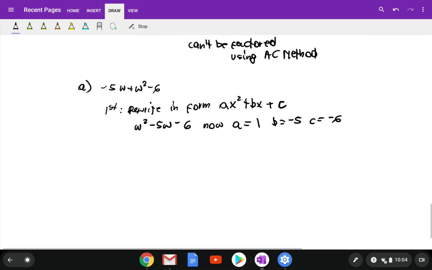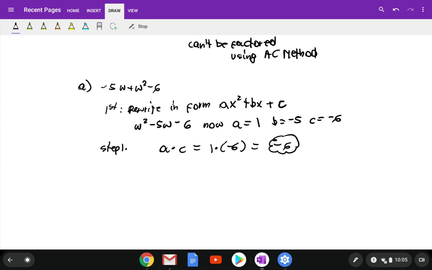I follow the same method. Step 1 of factoring: multiply a times c. So we have 1 times negative 6, which gives negative 6.